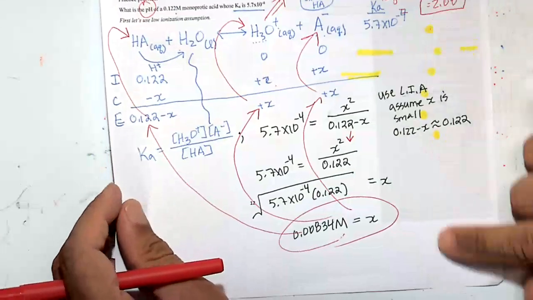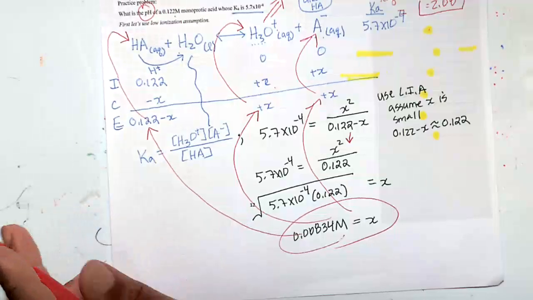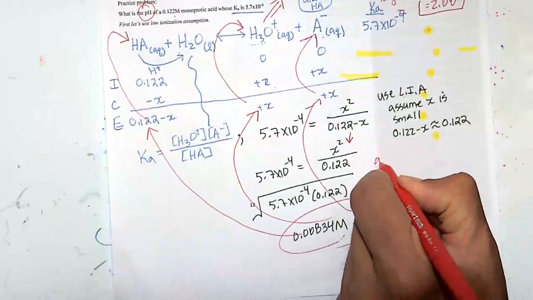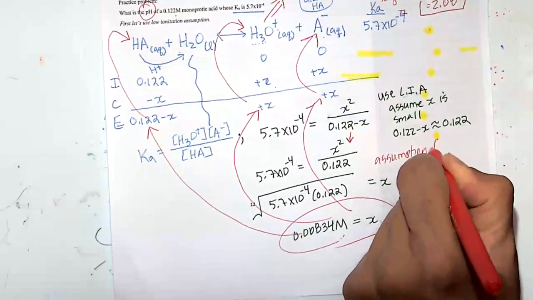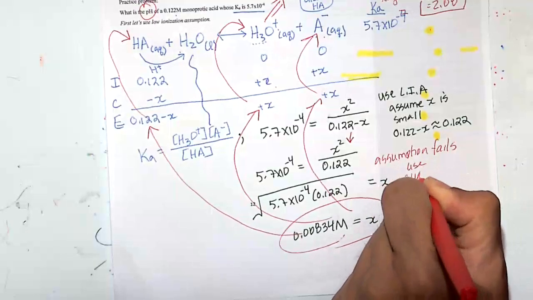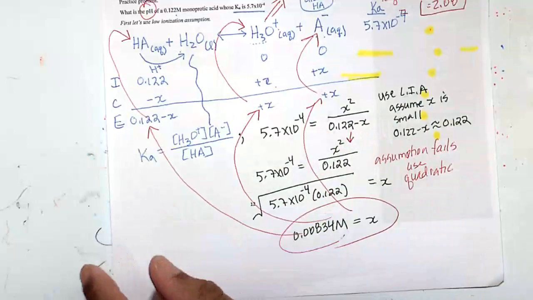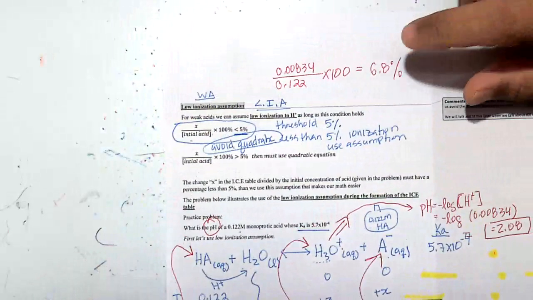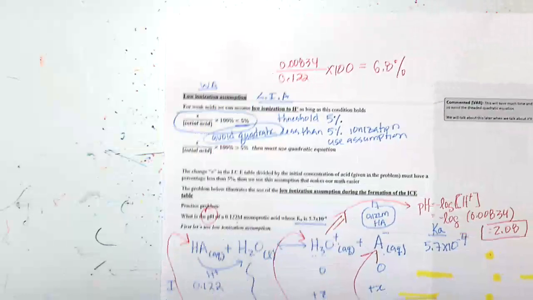On the exam, you can do this because there's no quadratic on the exam. Okay, why can't we use this for this specific problem? Because it's 6.8, greater than 5%, yeah.